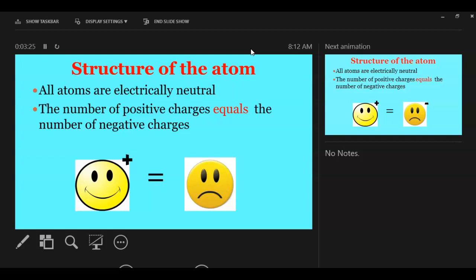Electrons are super small, but they're super important. They are involved in chemical bonding. Have you guys heard of ionic bonds, covalent bonds? Have you heard of those in the past?